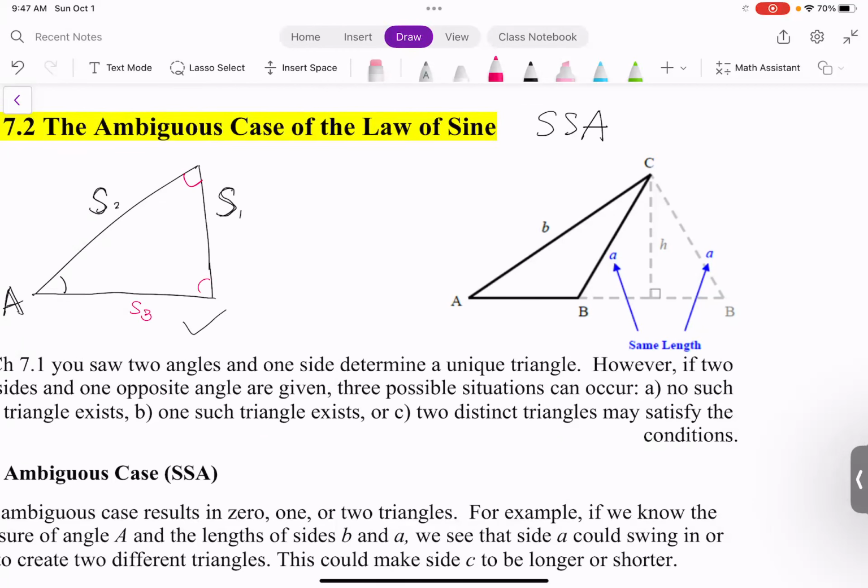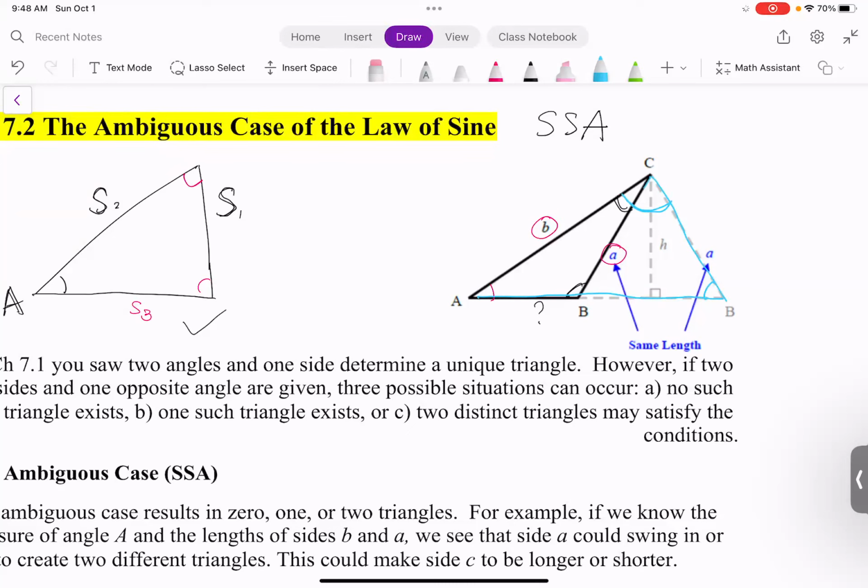For example, given information is side a, side b, and angle A. But you see that this angle and the side here are unknown. That means if I move my a to here, I construct a new triangle because this angle and the length here are unknown.